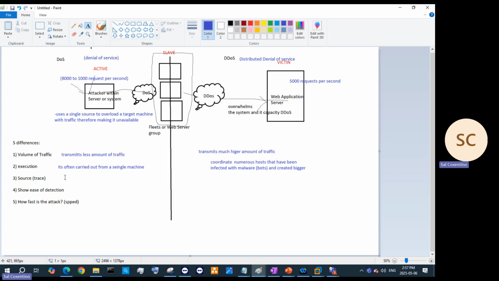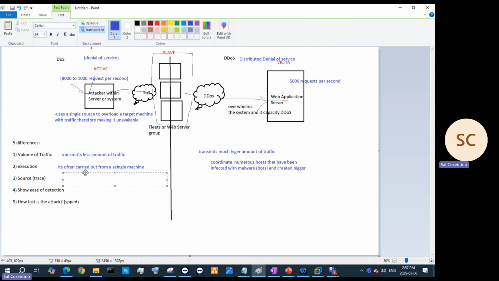Then when we talk about DoS, we talk about the source trace. How can we trace the source, right?